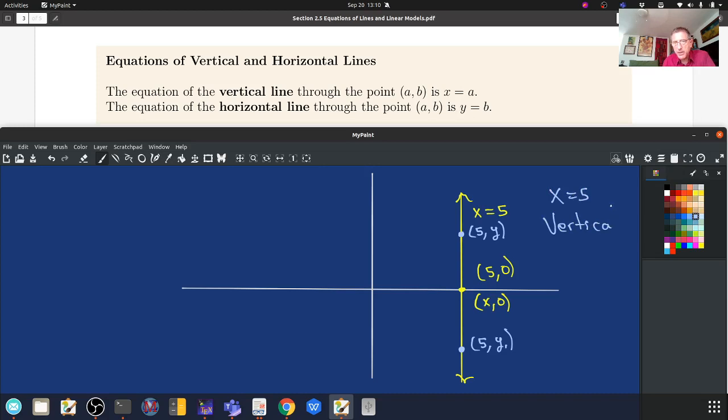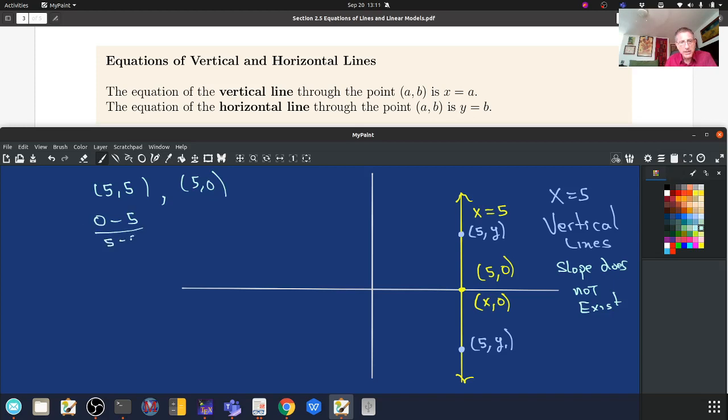And what's the other thing we know about vertical lines? That is, slope does not exist. It's not that the slope is 0, it literally does not exist, because if I were to take 2 points here, let's say this is 5 and 5, and then this one here, 5 and 0, and then I would use delta y as 0 minus 5 over 5 minus 5.